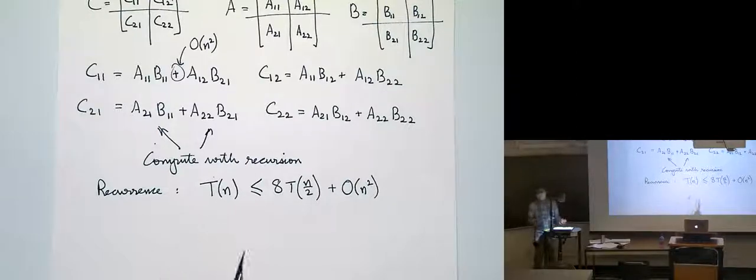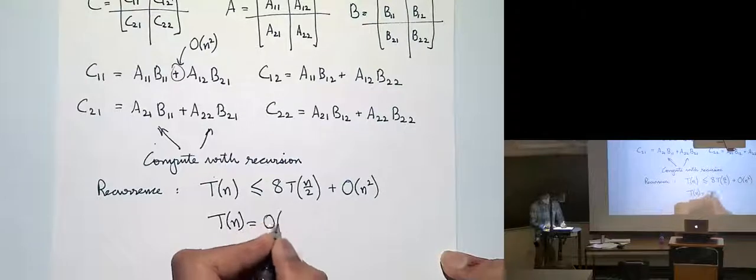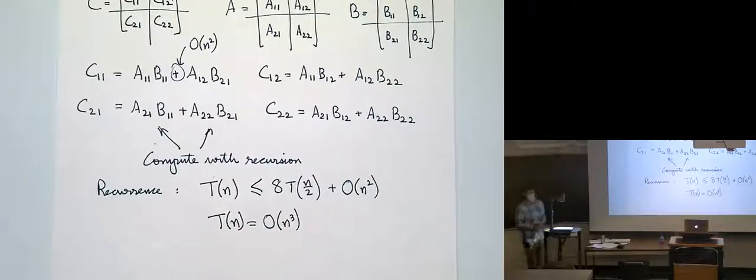Not surprisingly, if you work out the math, you'll get T of n is O of n cubed, the same thing all over again. Just like we did for integer multiplication, the naive divide and conquer is equivalent to long multiplication. Naive divide and conquer here is just vanilla matrix multiplication.